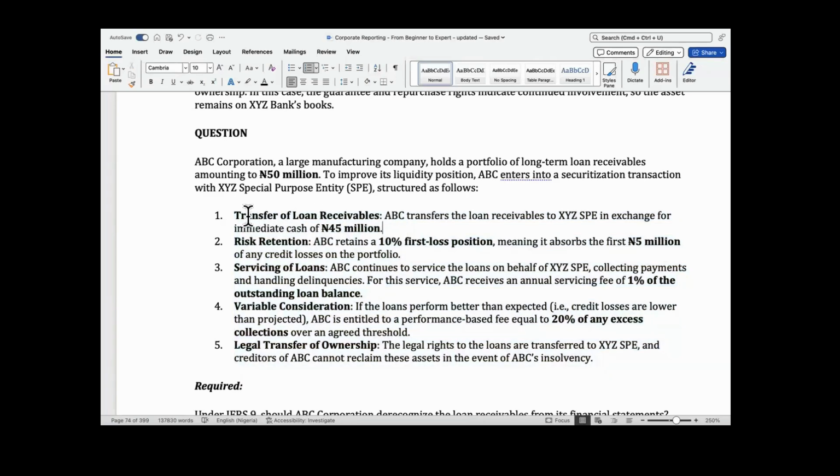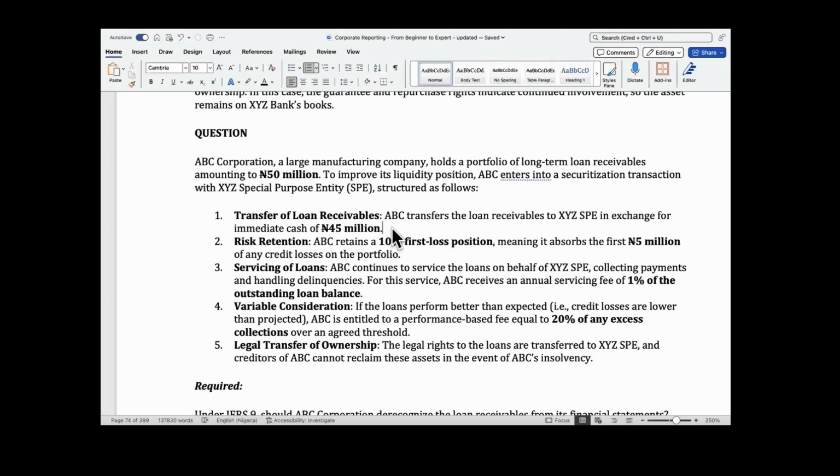Yes, he has. He has transferred the loan receivable. He has gotten an immediate cash of 45 million. So that means his right to receive cash has expired. He can't receive any further money as far as his receivables is concerned. So that one is met.